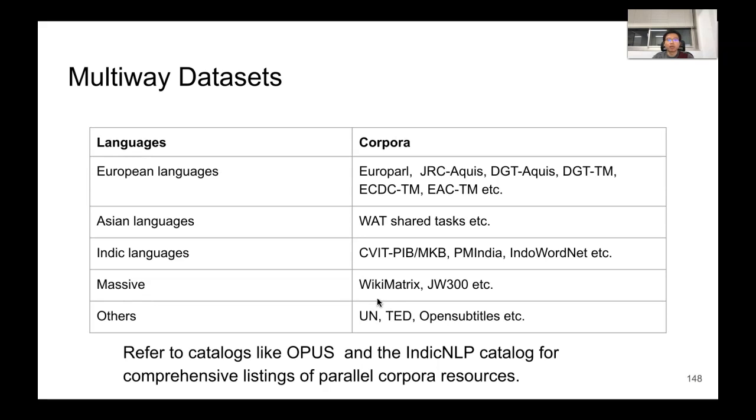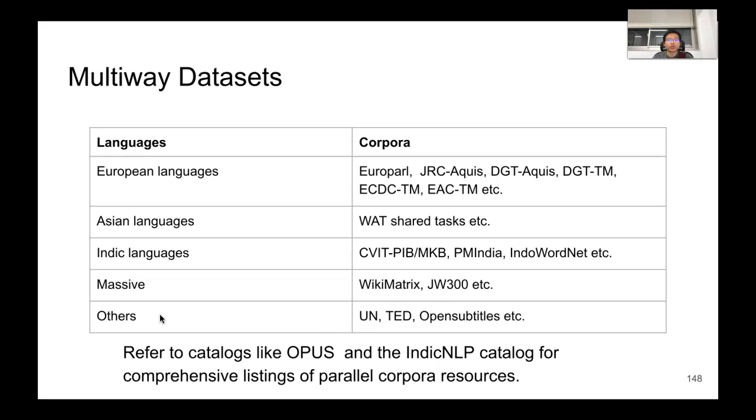Some representative ones are WikiMatrix and JW300, which contain more than 100 languages. This is a very good resource if you are interested in massive MLMT study.